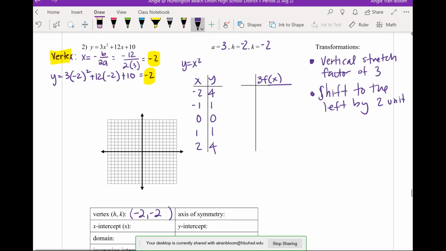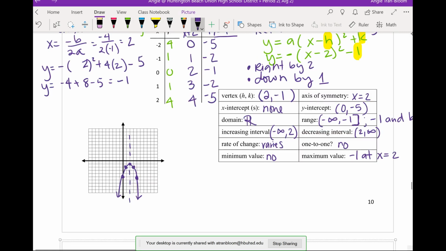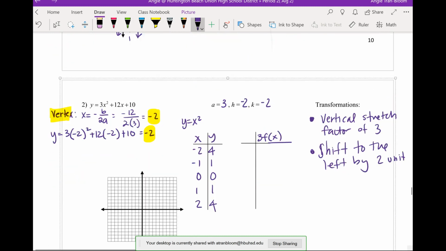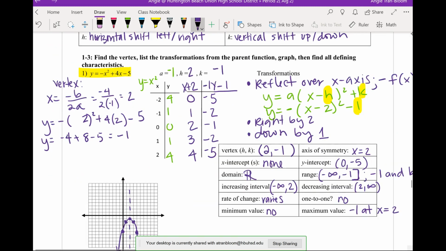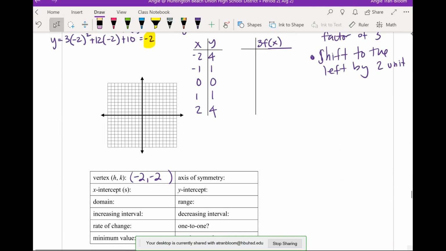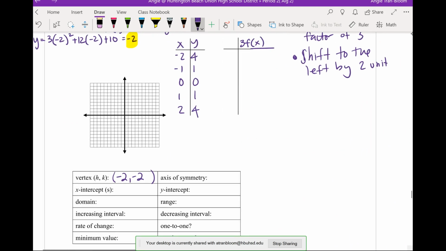That means I'm going to change x or y? X. Whoops. 2 units. Ah, not letting me write. So I'm going to go x. I'm going to the left. So can I -2, like that? Yes. Okay.